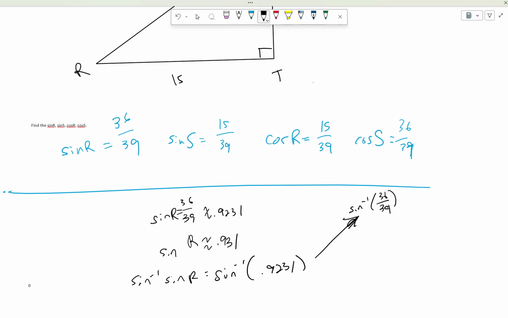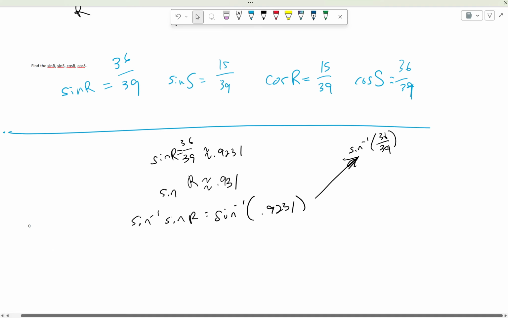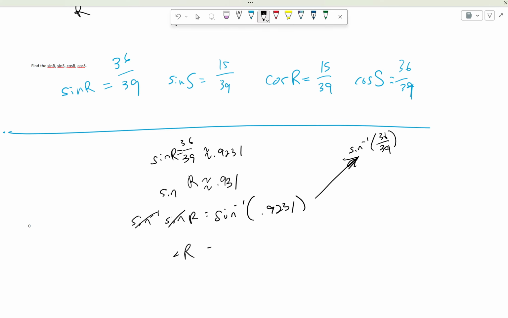This is what I'm really going to do here. And when I do this, I'm going to have angle r is about equal to, and gentlemen, I hope you're really excited for it. My daughter pointed it out to me tonight that this is 67 degrees when we actually punch this into the calculator. 67.